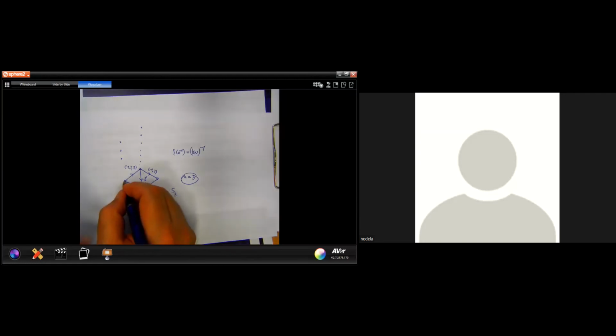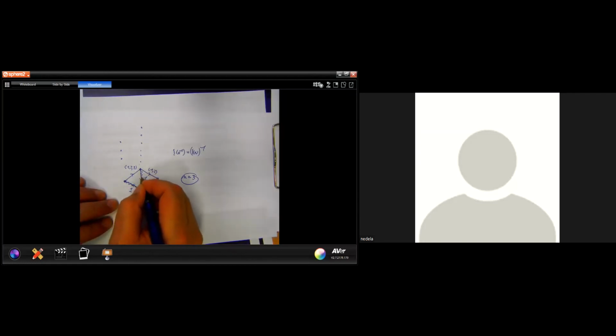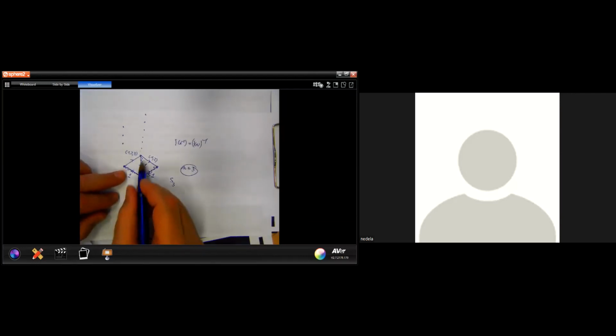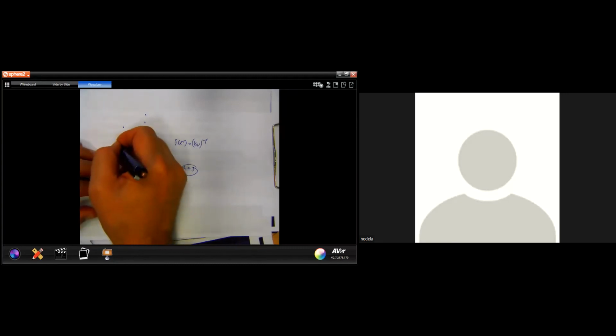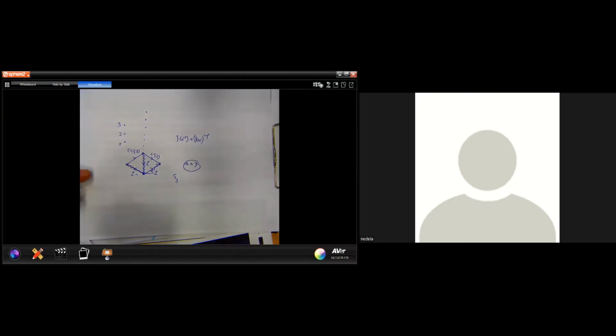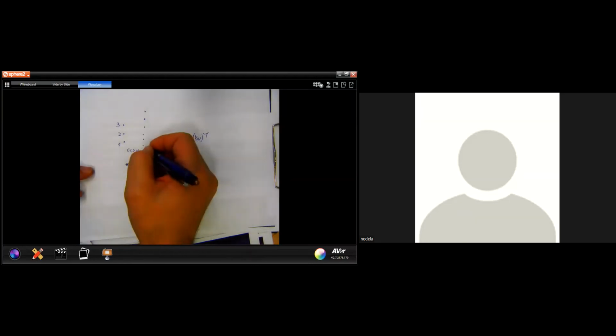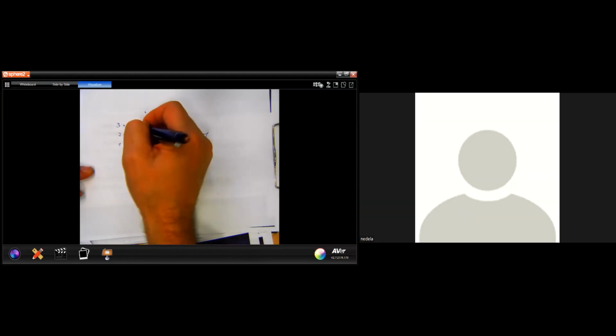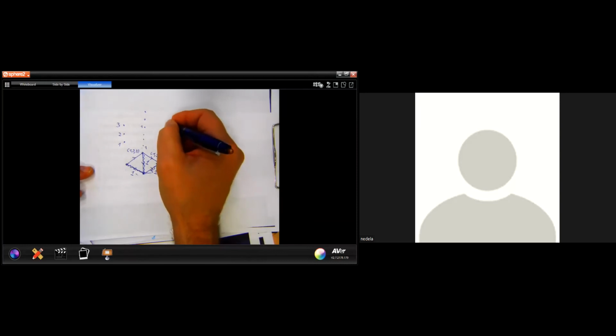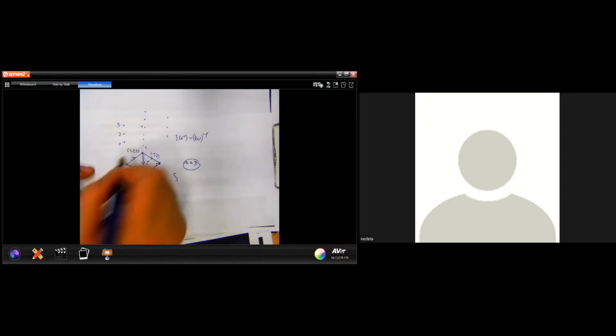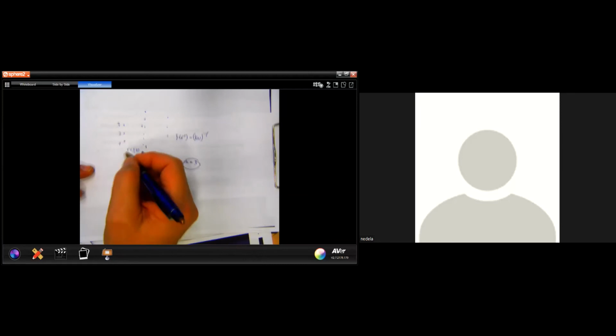Because this is a spanning tree, here there are ones. So if this is level 1, 2, 3, at each level we have just a copy of this spanning tree.